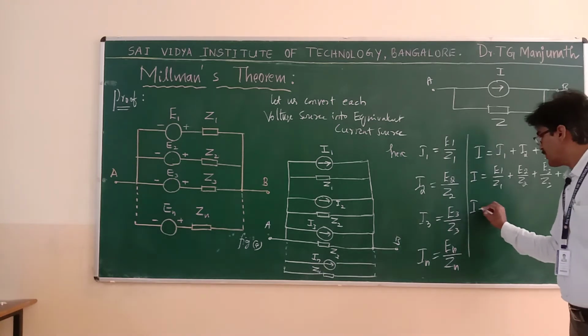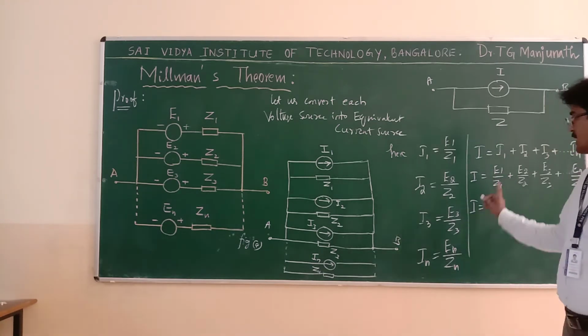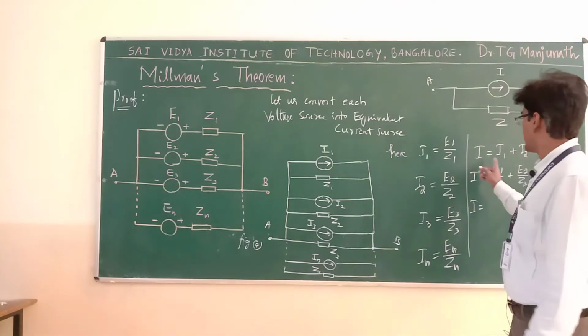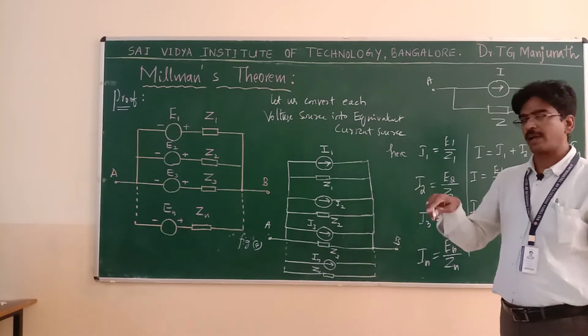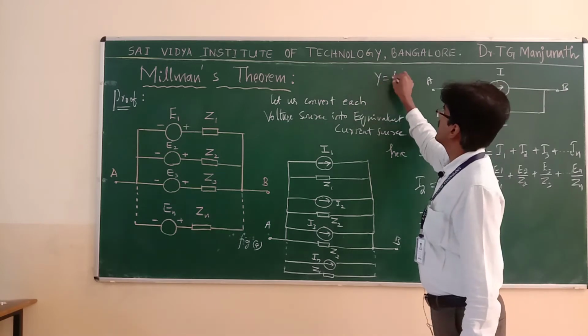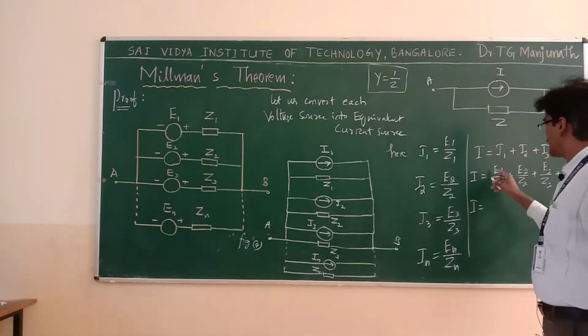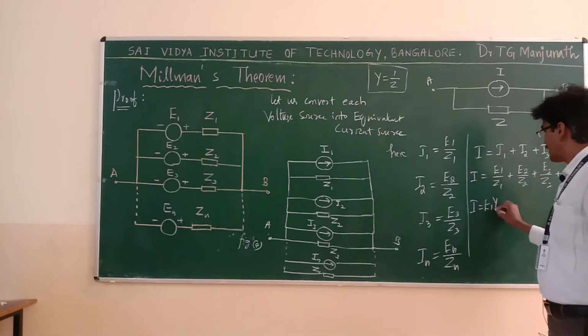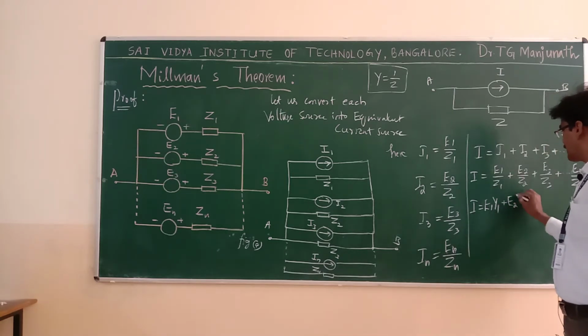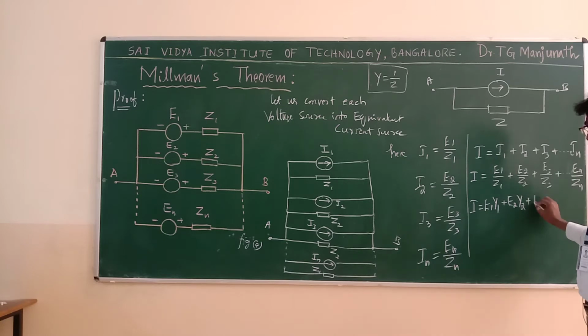Now, the inverse of impedance is admittance. Hence I can write Y is equal to 1 by Z. You know that admittance is the inverse of impedance. That is why I can write E1 into Y1, where 1 by Z1 is Y1, plus E2 Y2 plus E3 Y3 etc. plus En Yn.